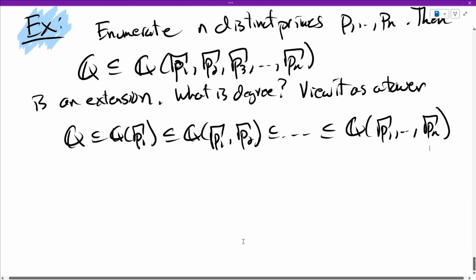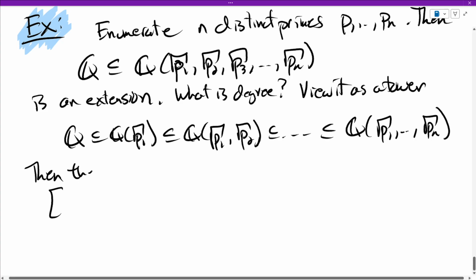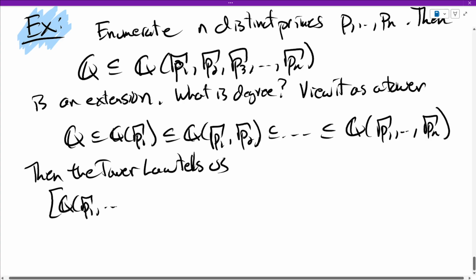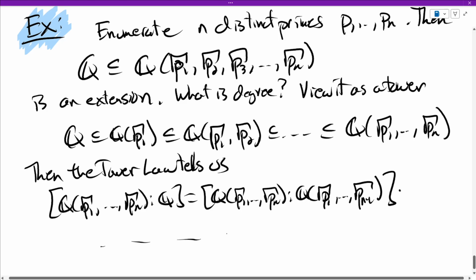All right, and what the tower law says is that the degree of the large extension is the product of each of these intermediate guys. This is where it's helpful when you're writing this out in LaTeX to copy and paste. All right, and then times all the way down to Q adjoin root p1 over Q.